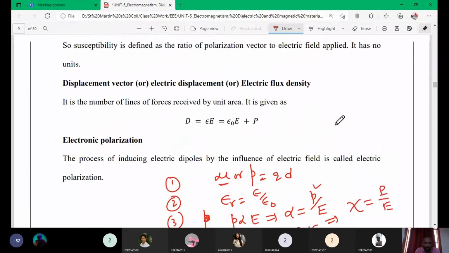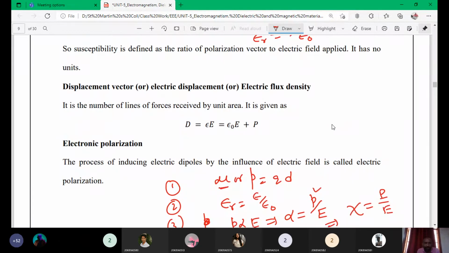Next one, displacement vector, or electric displacement, or electric flux. It indicates how many lines of force are received per unit area. When you apply an electric field, it indicates how the charges are separated and by how much distance.